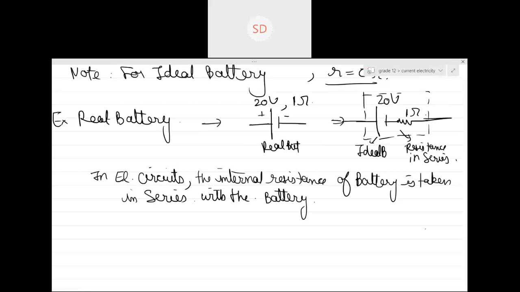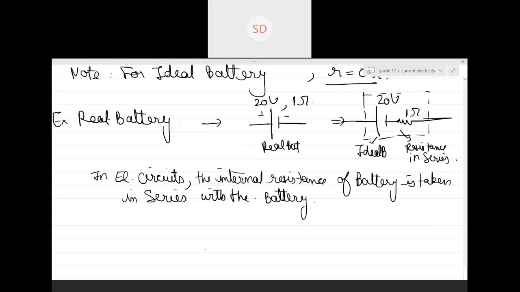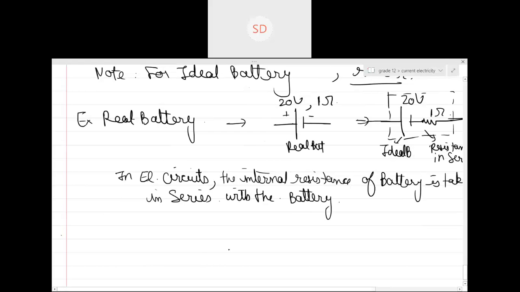Now, one formula you all know: resistance is R equals rho L by A. Everyone remembers that formula, right?